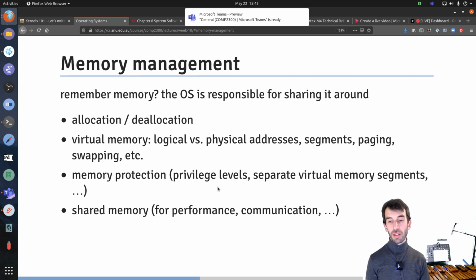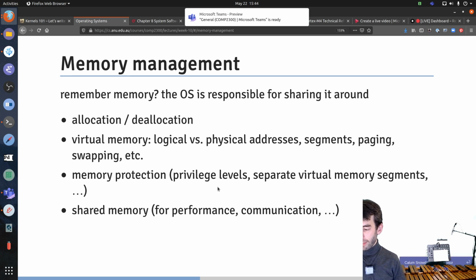So it's important that the virtual memory system makes sure that each process gets separate memory, and we also have some system such that it's impossible for a normal process to write over another process's memory.